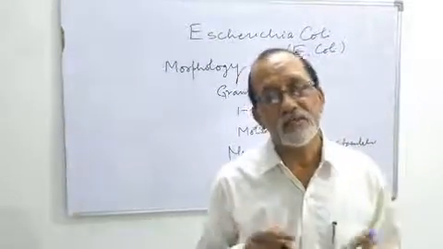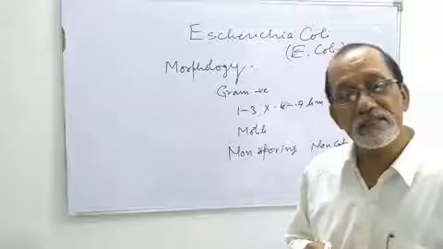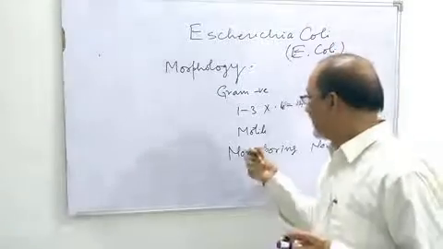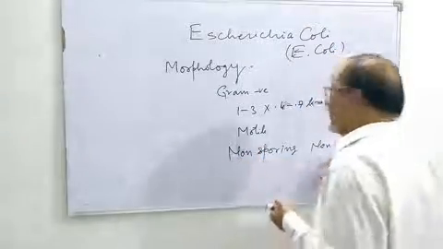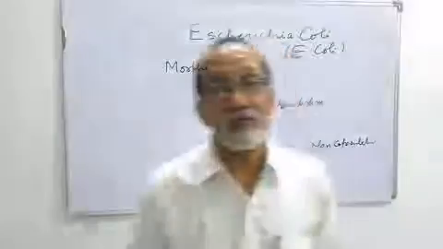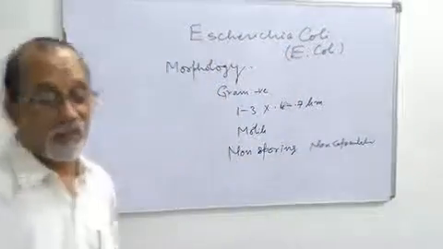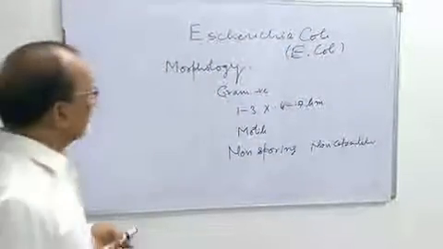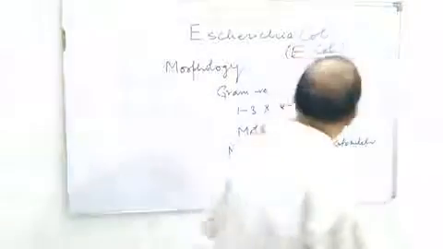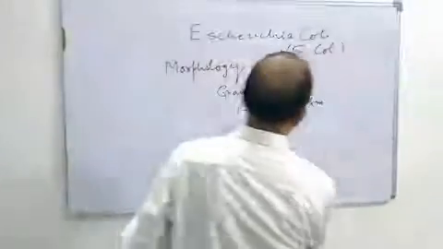Fimbriae and capsules are found in some strains, and they are non-sporing. This is the morphology of E. coli, and now we will study the cultural characteristics.